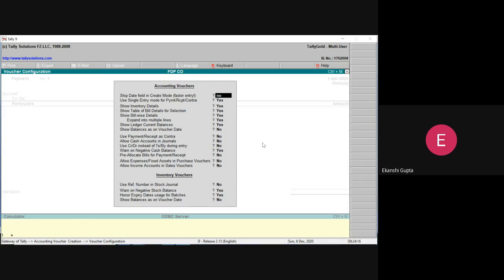I don't want to skip the date, so I'll press no over here. I do not want single entry mode system, so I'm pressing no. I want balances as on the voucher date, so yes.